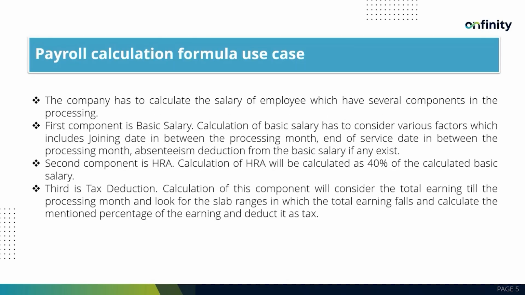In this use case, we will address the third scenario in this training session, which involves writing a formula for tax deduction calculation. This component will take into account the total earnings up to the processing month. It will then identify the relevant slab ranges for the total earnings and retrieve the corresponding percentage from the table value screen to calculate the tax.